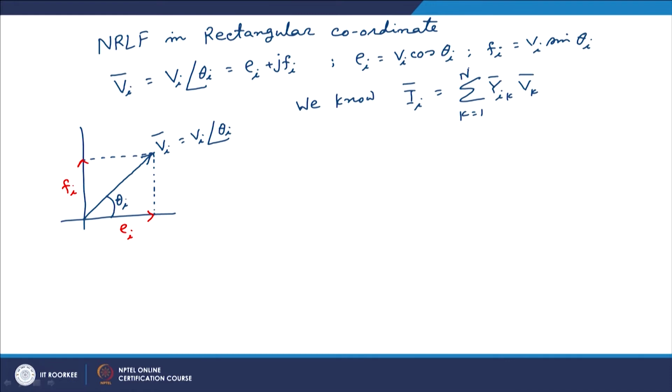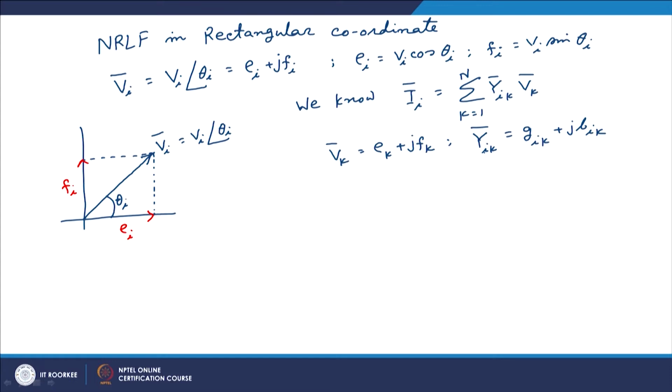According to this rectangular representation, we represent Vk as Ek plus jFk, and Yik as Gik plus jBik. Please note that we are also representing the elements of the bus admittance matrix, which are themselves complex quantities, in the rectangular coordinate.